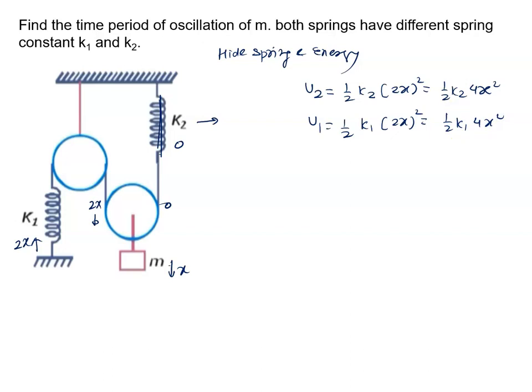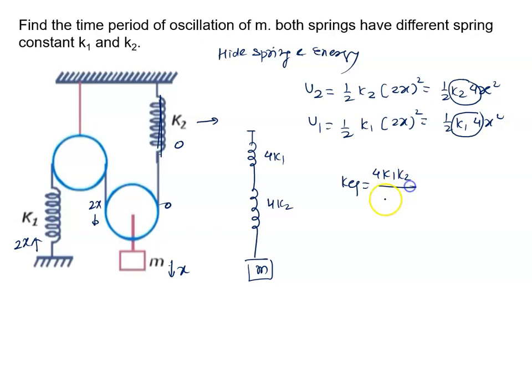Okay. It means we can say the spring constants are 4k1 and 4k2. Now assume both springs, having spring constants 4k1 and 4k2, are connected in series with the mass m, and again we will calculate exactly the same answer, because k equivalent will be written as 4 k1 k2 upon k1 plus k2, and k equivalent for a single mass block is m omega square.